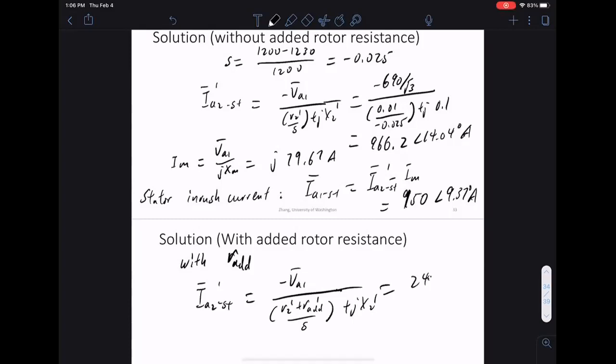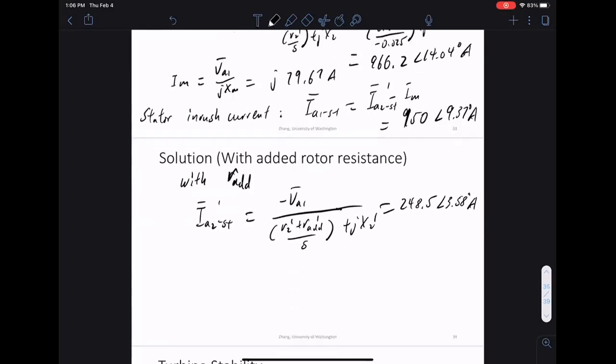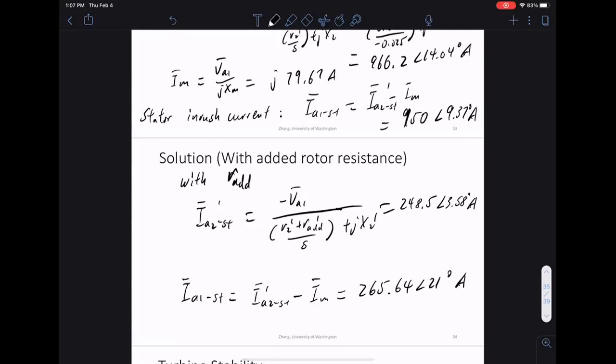This becomes 248.5 angle 3.58 degrees amps. Of course, the magnetizing current doesn't change. This IM does not change. So the stator inrush current is IA2 again minus IM. This is 265.64 angle 21 degrees amps. All right, so this is the new current.